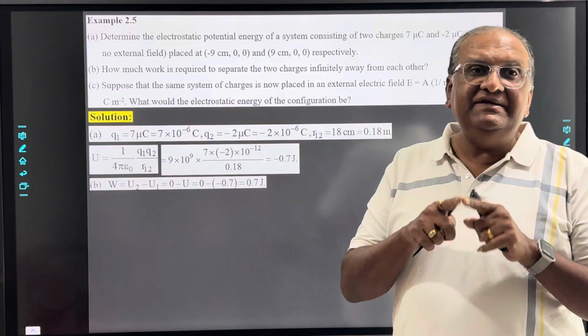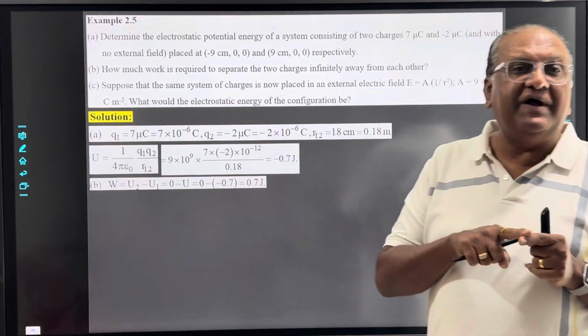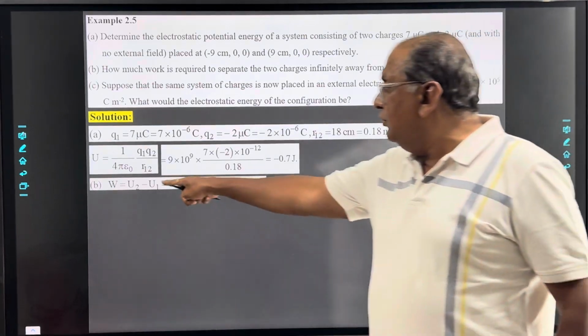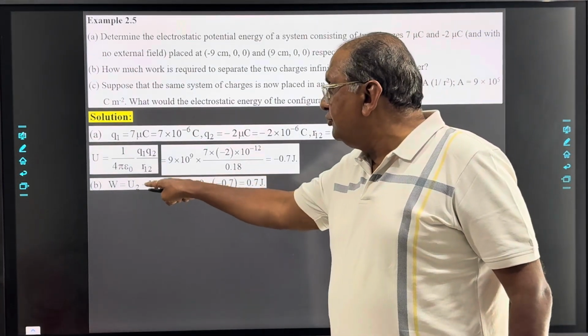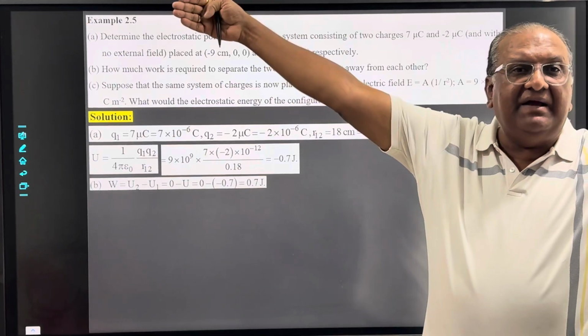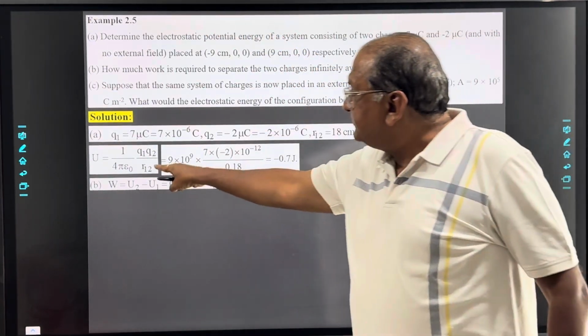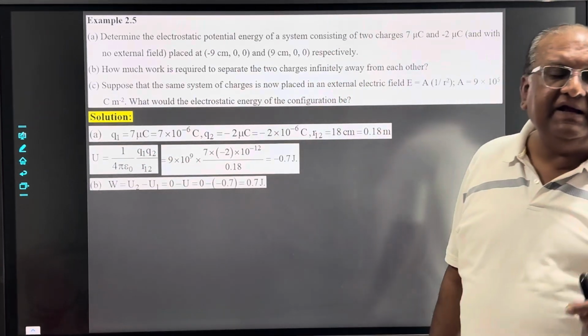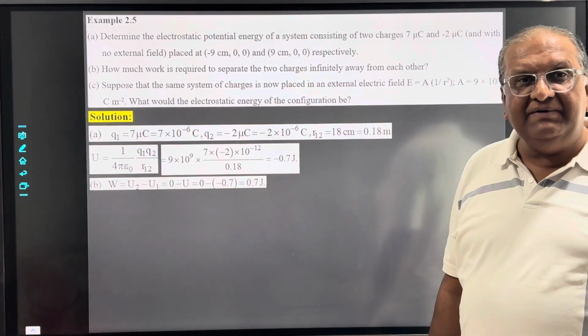Now, change in potential energy, that is U final minus U initial. U final means U2, initial means U1. So, U2 minus U1. Now, when these two charges are separated by infinite distance, then as per this equation, you can understand if this distance is infinite, then the potential energy will be 0.